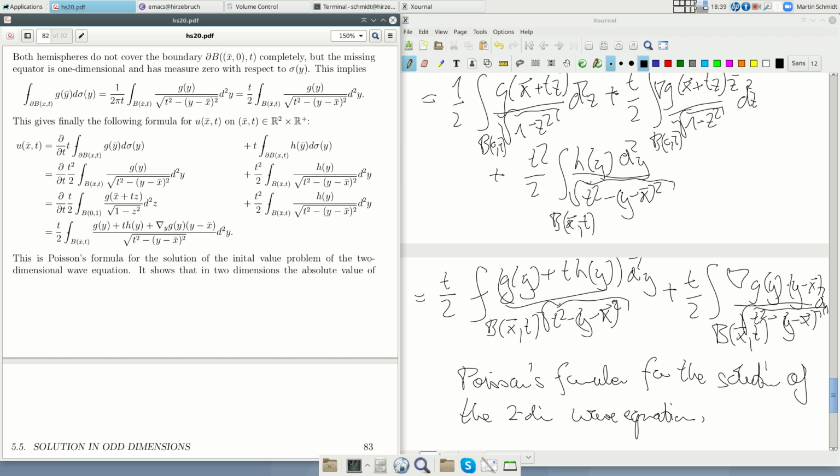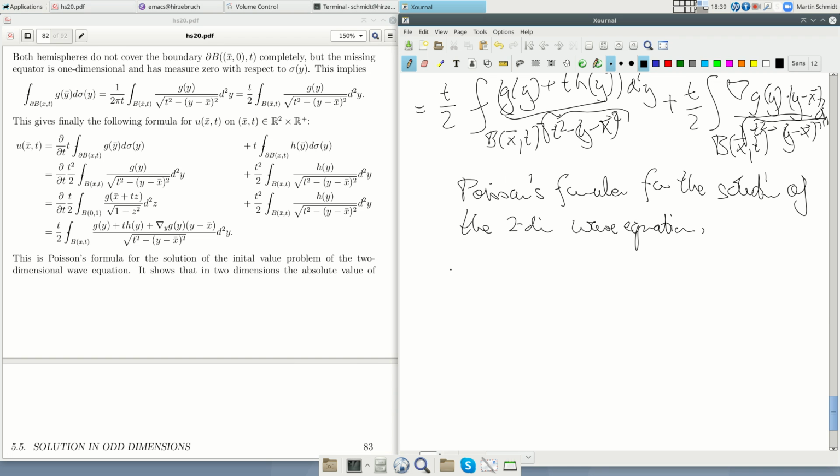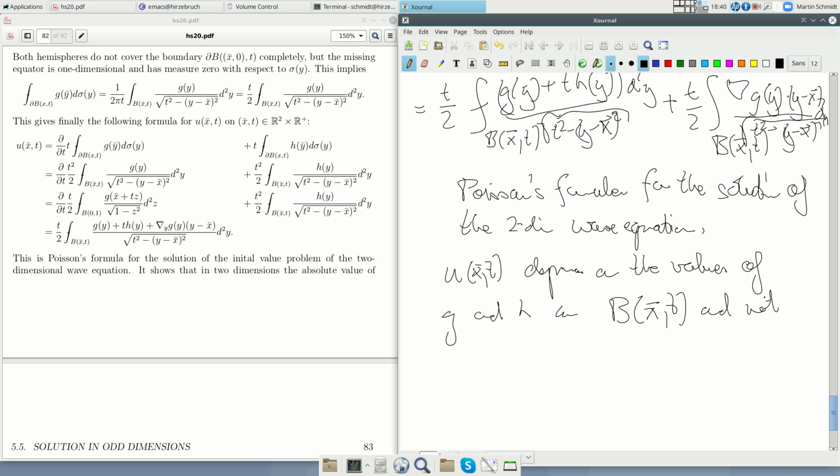The first thing is that u of x, t depends not only on the boundary of the ball, it depends on the values of g and h, the initial values, on the whole ball, and not only on the boundary of this ball, as in dimension 3.